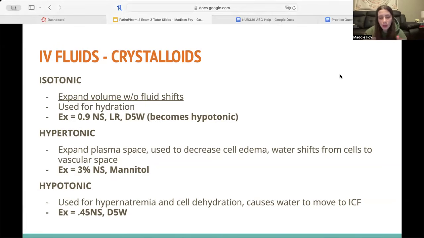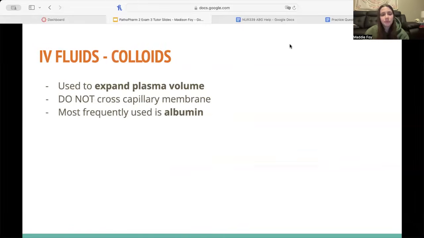So the cells will swell. In skills, my professor helped us remember that by calling it hippotonic because the cells get big and round like a hippo. And I still think about that sometimes when I take these exams. And examples here would be 0.45% normal saline and then D5W after it's metabolized and shifted out of that isotonic state. So those three were the crystalloids.